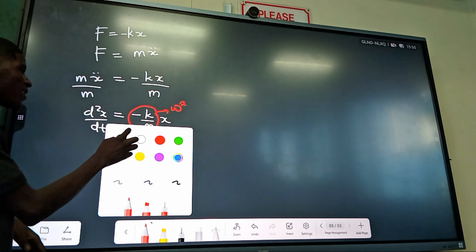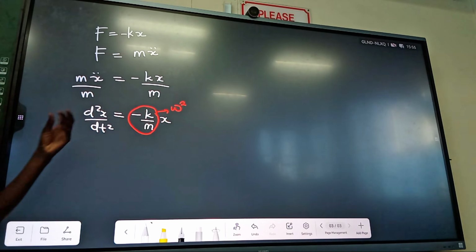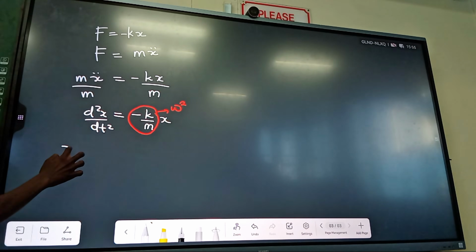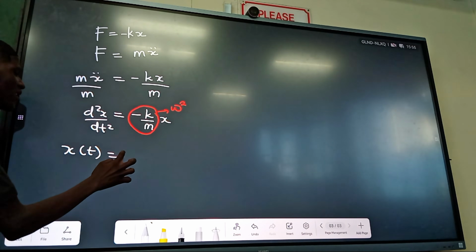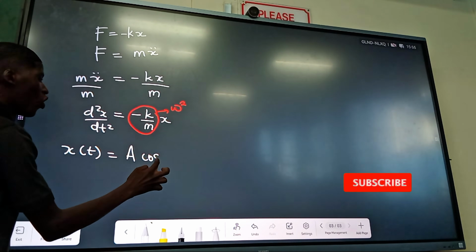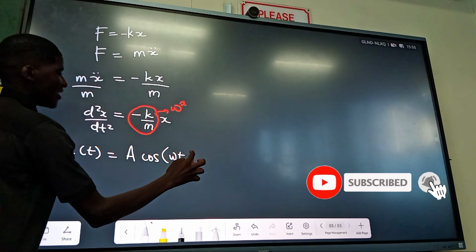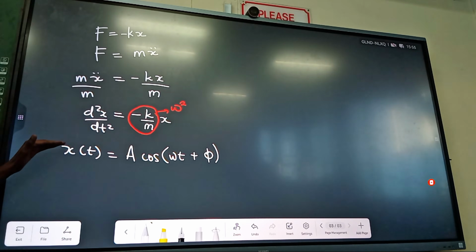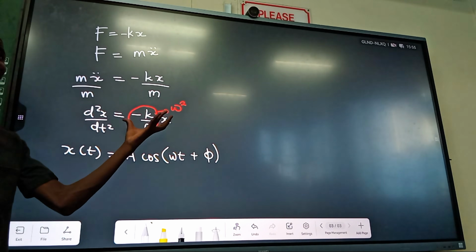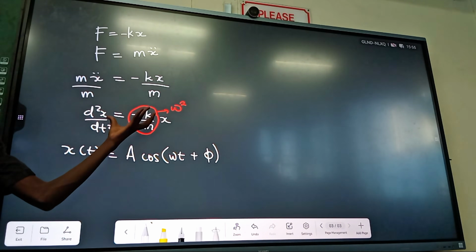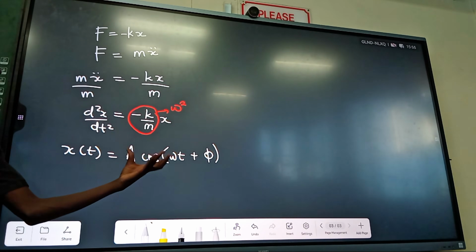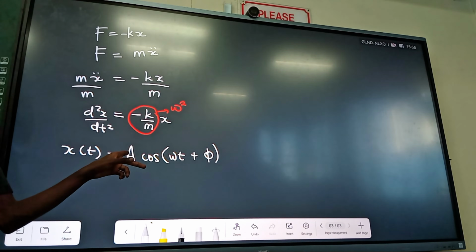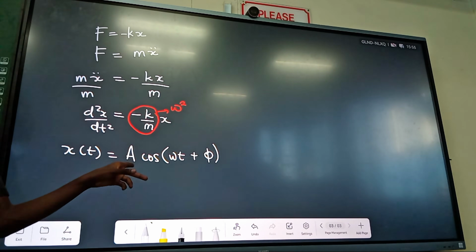So after doing the mathematics, we find out that for us to get a second derivative, our position as a function of time must be equal to A cos(omega t plus phi). You still remember A is the maximum displacement and it is the amplitude.